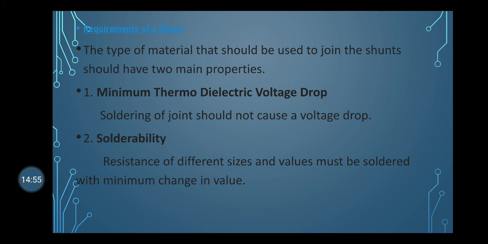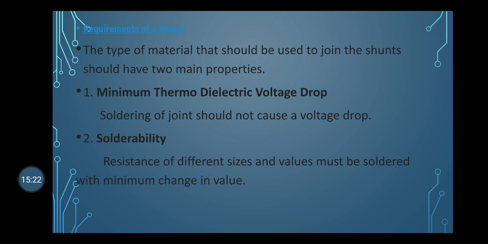The second property of the shunt material is solderability. Resistances of different sizes and values must be soldered with minimum change in value. By using this property, resistances of different values can be soldered with a minimum change in their resistance.